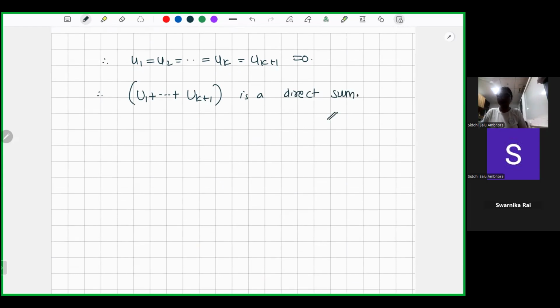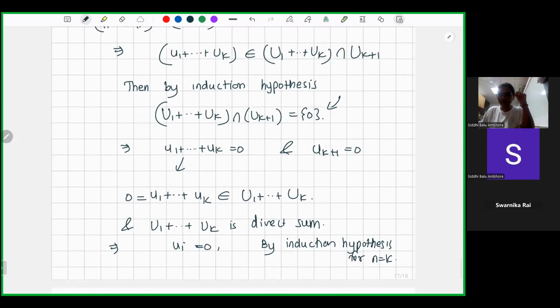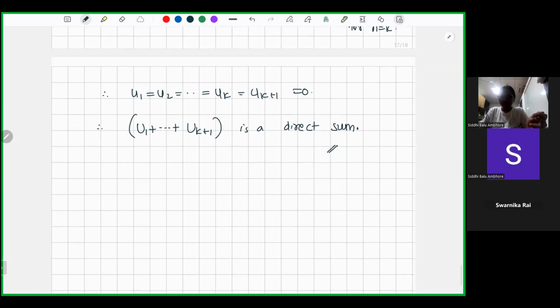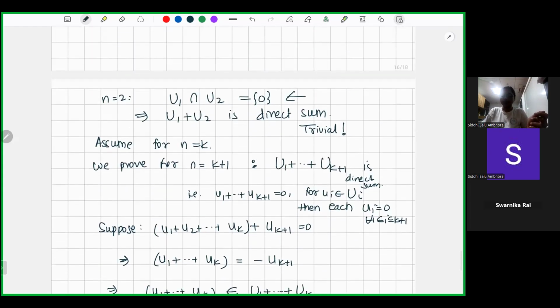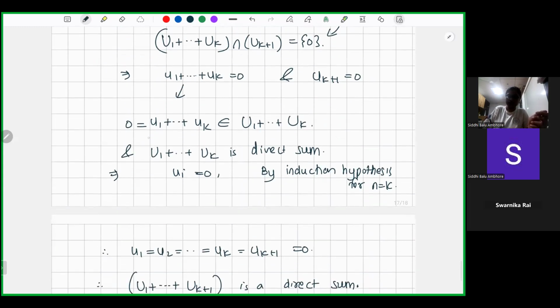So any doubts here? This was just about understanding the induction. From here we just arrive at this step of induction, and then we were done.